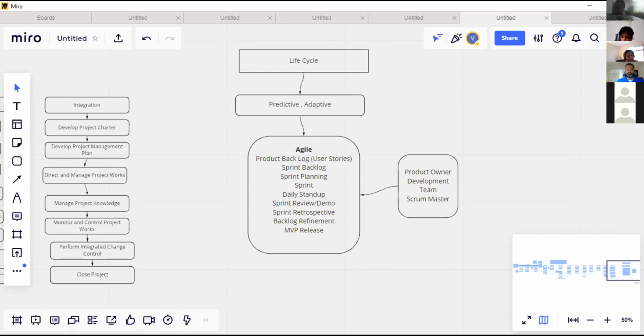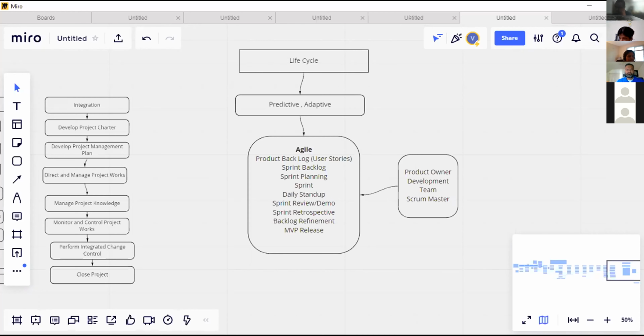Daily stand-up will be the first thing. 3 questions will be asked, and it will be 15 minutes in duration. And at the end of the sprint, the sprint team will invite the customer and product owner. Then they will do a sprint review, based on the definition of done.